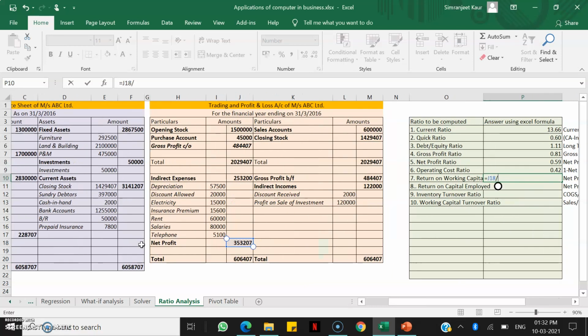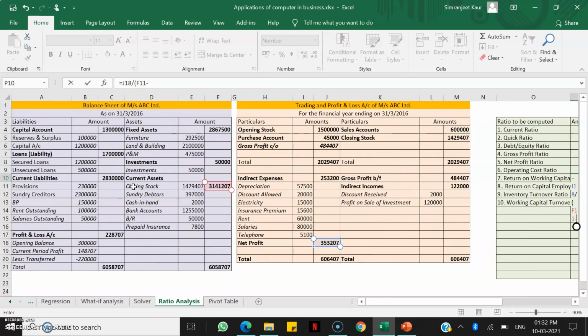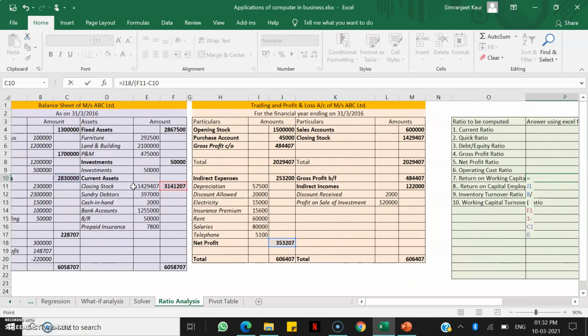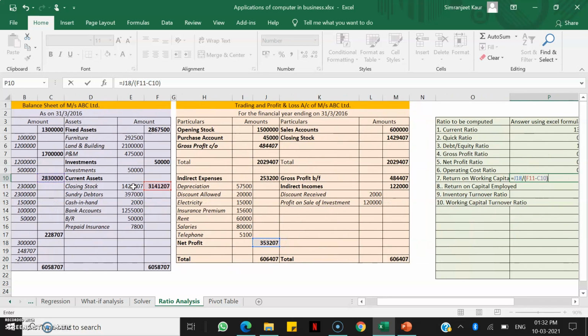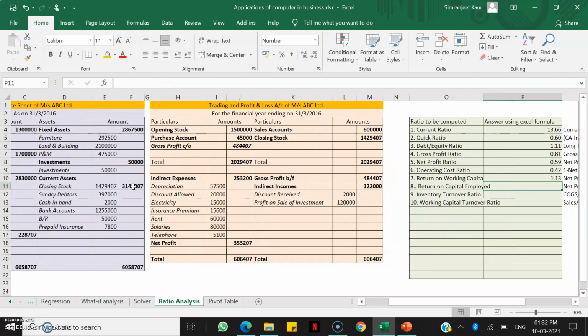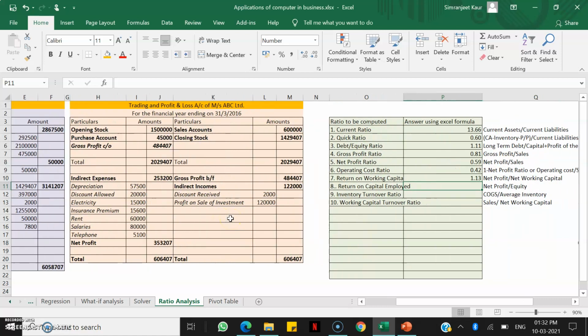So net working capital is nothing but my current assets minus my current liabilities. So bracket closed, and I'll press enter. So this is 1.13.